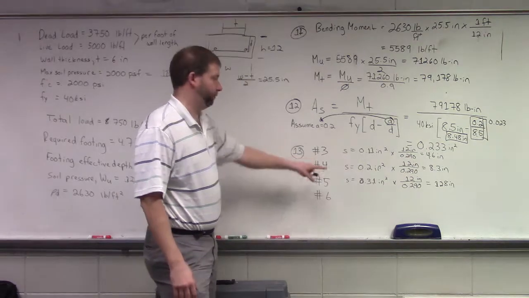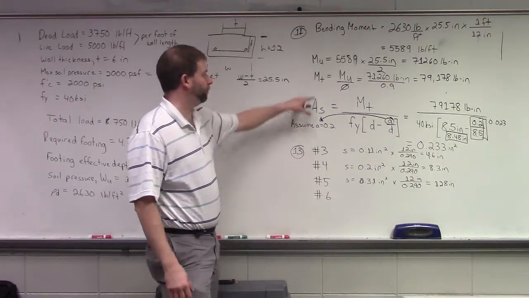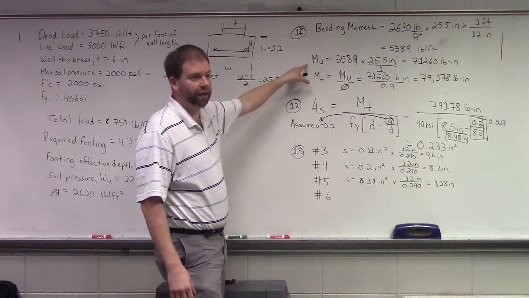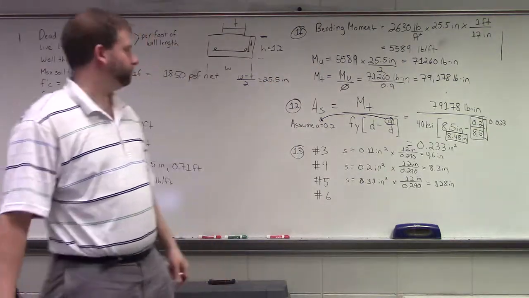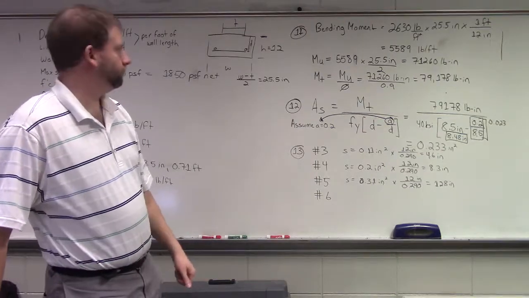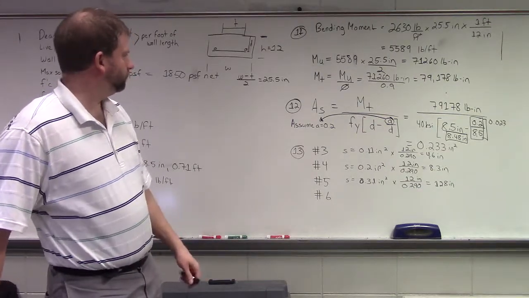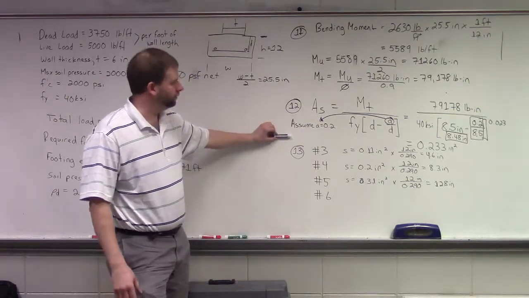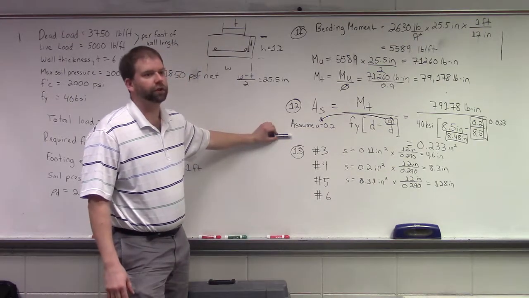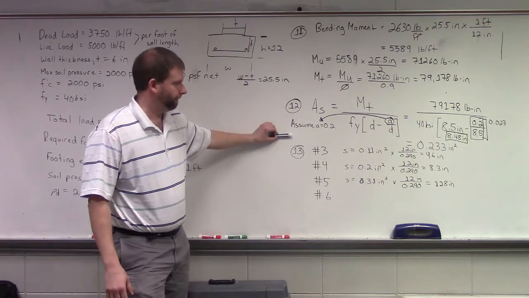For this problem, it would be. If we went back and determined our capacity based on bending, the book, for number 12, has 0.29 as the answer for that exact equation that we have for number 12. Their answer for the area of the steel comes out to 0.29, where we have 0.233.